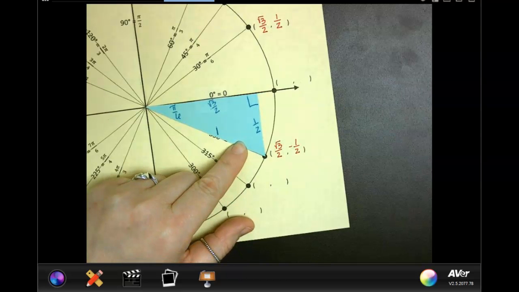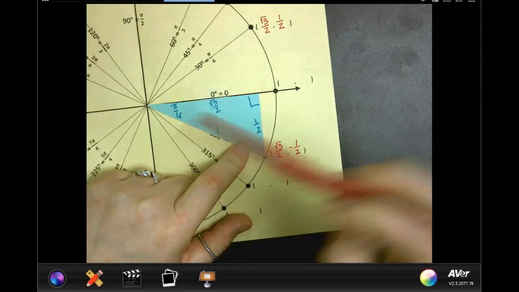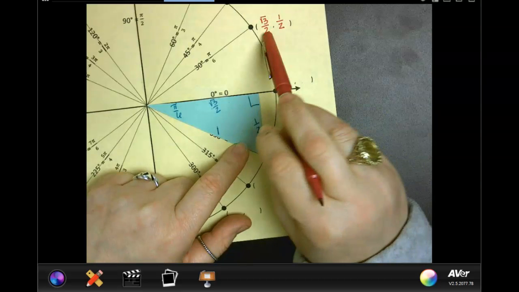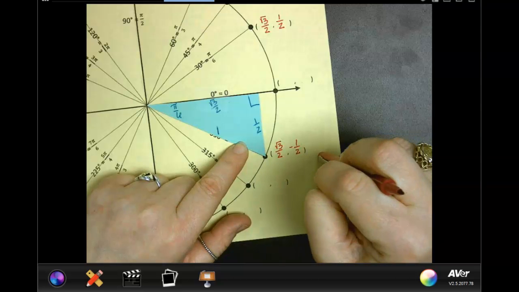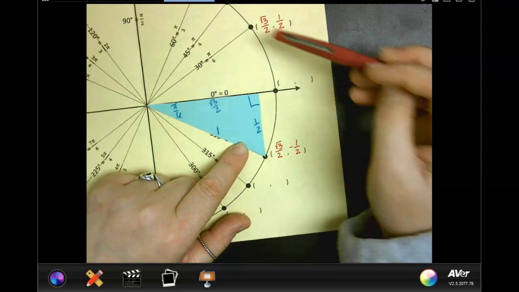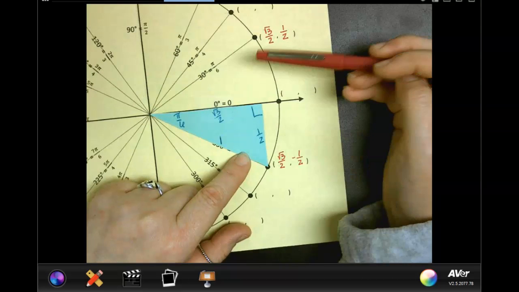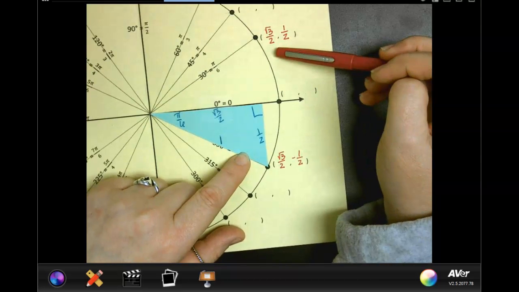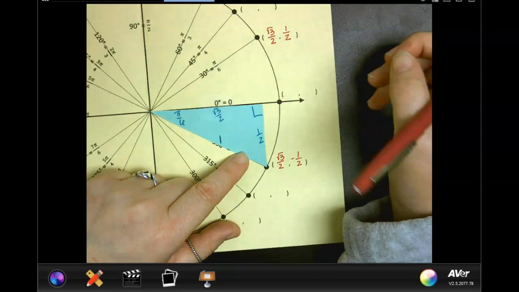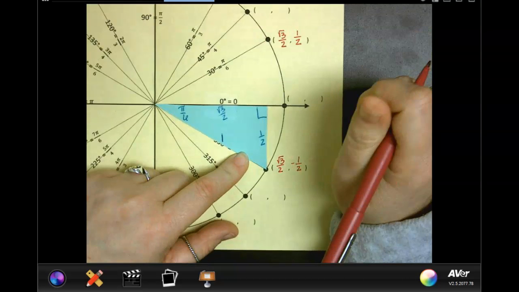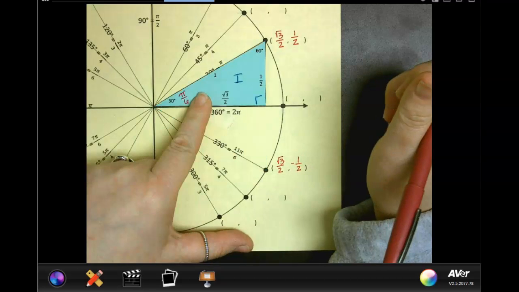Your reference angle for 11 pi over 6 is pi over 6, so the ordered pair is still these two numbers. All that's going to change is the sign, depending on what quadrant you're in. So it's not like you have to know both of these points. If you truly know the first quadrant, you know everything else, because this is just a reflection down. This is a graph on the x and y axis. So we good with that?